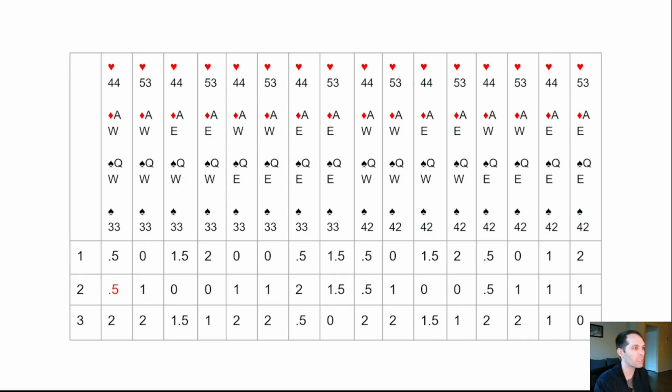So really only the very first layout that we mentioned, hearts 4-4, West having both the ace of diamonds and queen of spades, and spades 3-3, there's some possibility that line of play number 2 would take more than half a match point. But for the most part, this is what the table looks like.